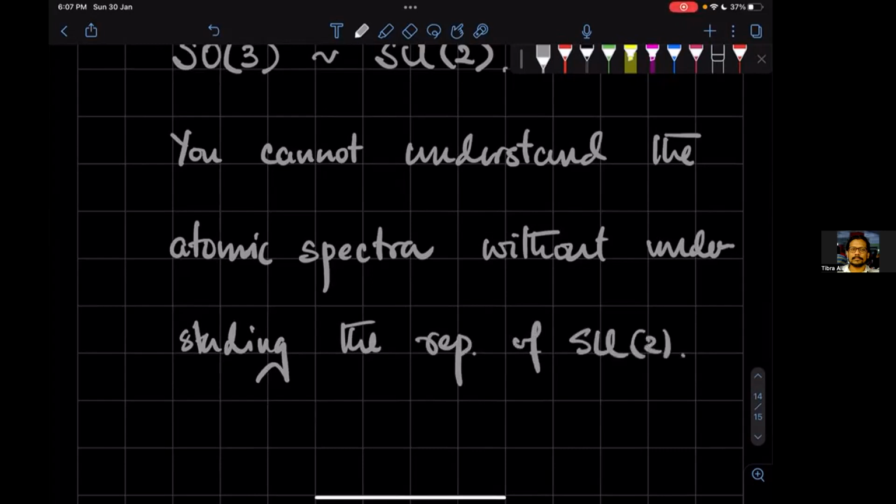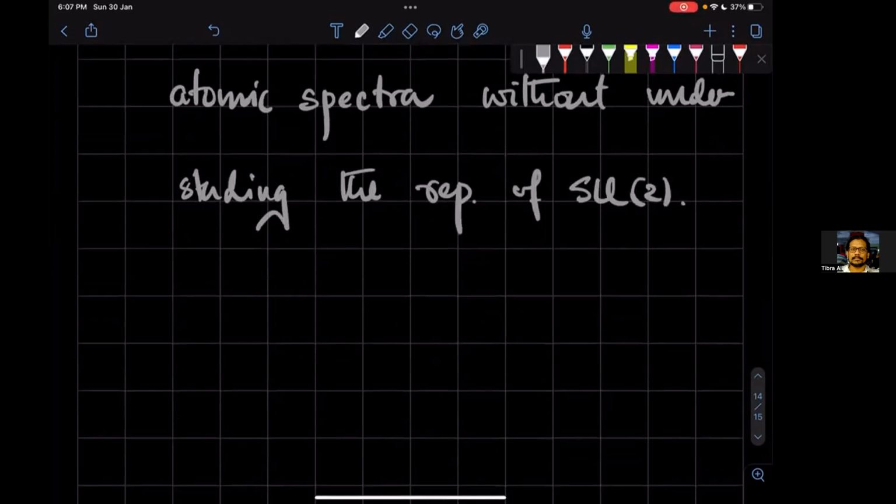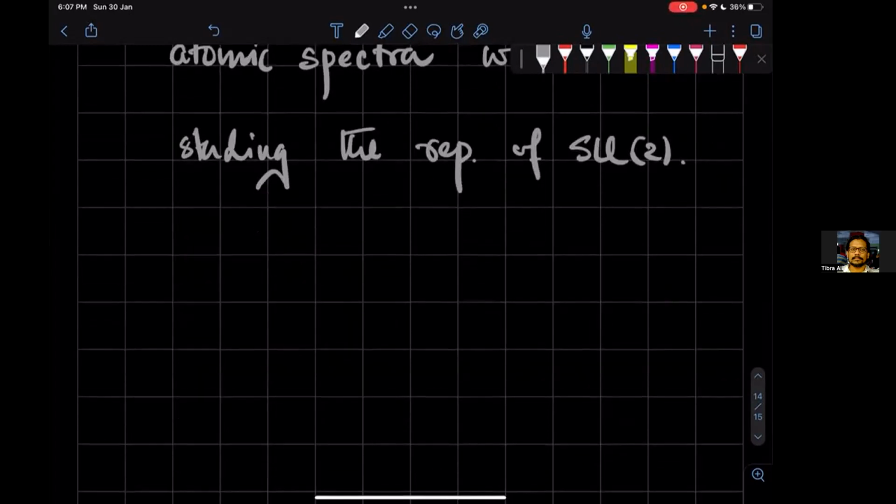For example, if I look at the hydrogen atom, there are going to be transitions.